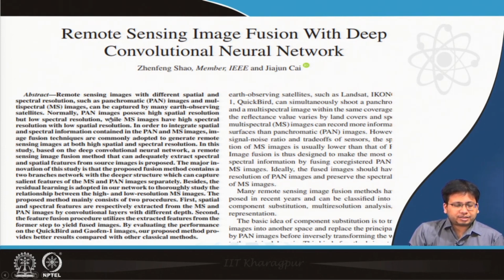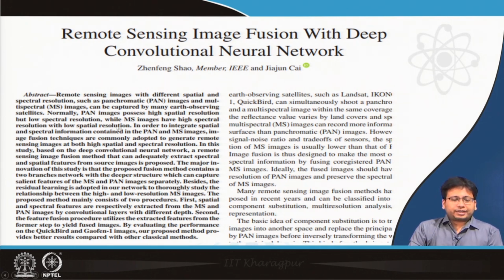Normally, pan images possess high spatial resolution but low spectral resolution, similar to the hyperspectral image which we talked about, the multispectral image which we just talked about. Now, the MS images have high spectral resolution with low spatial resolution.